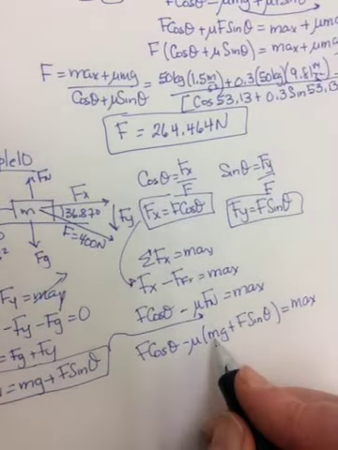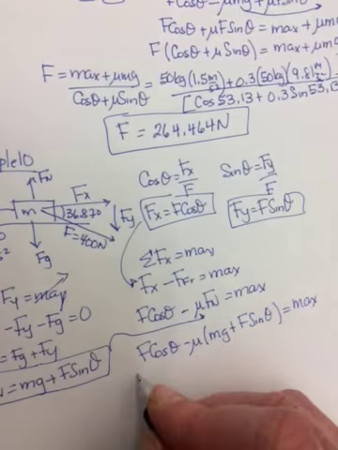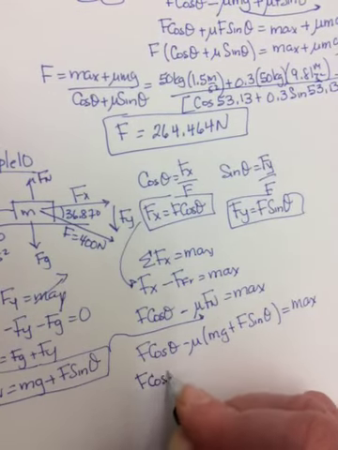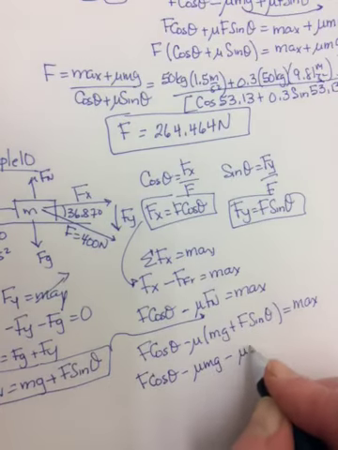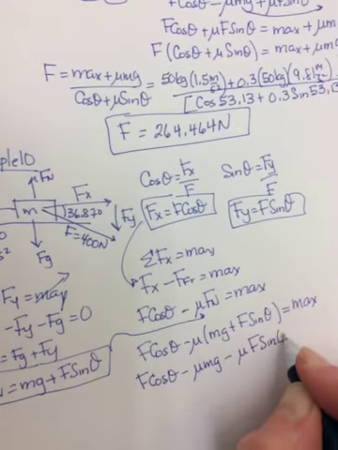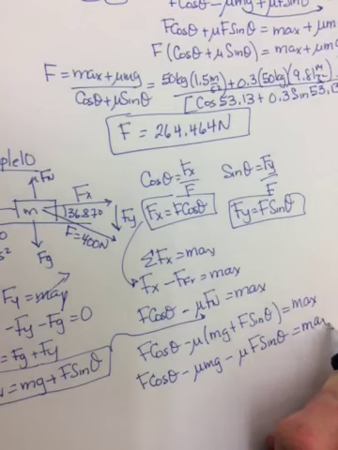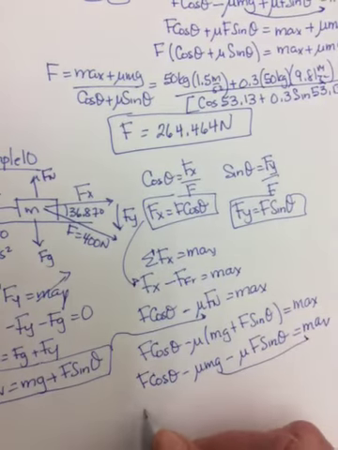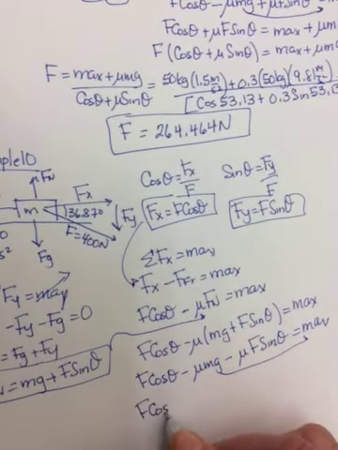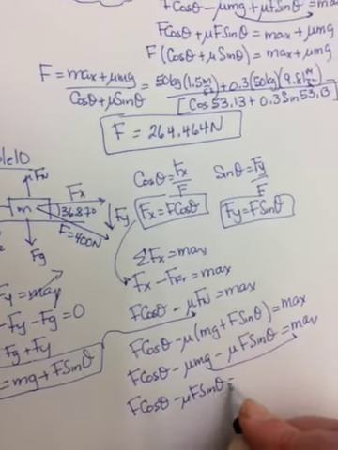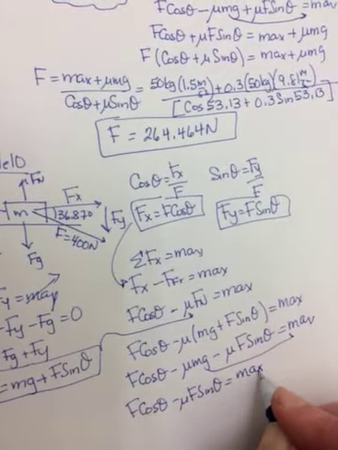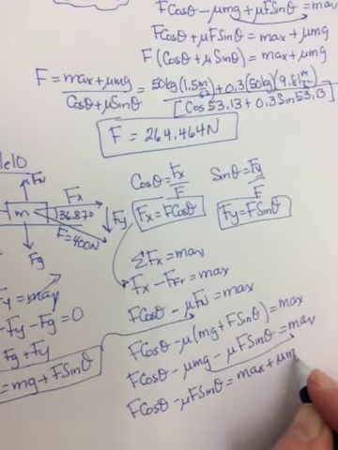And now once again, you're trying to solve for m this time, and it's stuck inside the bracket. So multiply through: minus mu mg minus mu F sine theta. And now take the m's over to get them on the same side. So bring this guy over here. So F cos theta minus mu F sine theta, and it's going to become max plus mu mg.